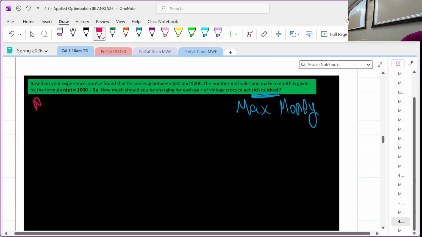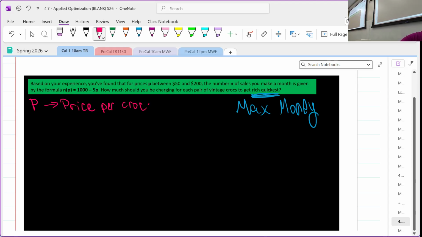So P is the price per Crocs. And then N is the number of sales, so the number of Crocs sold.